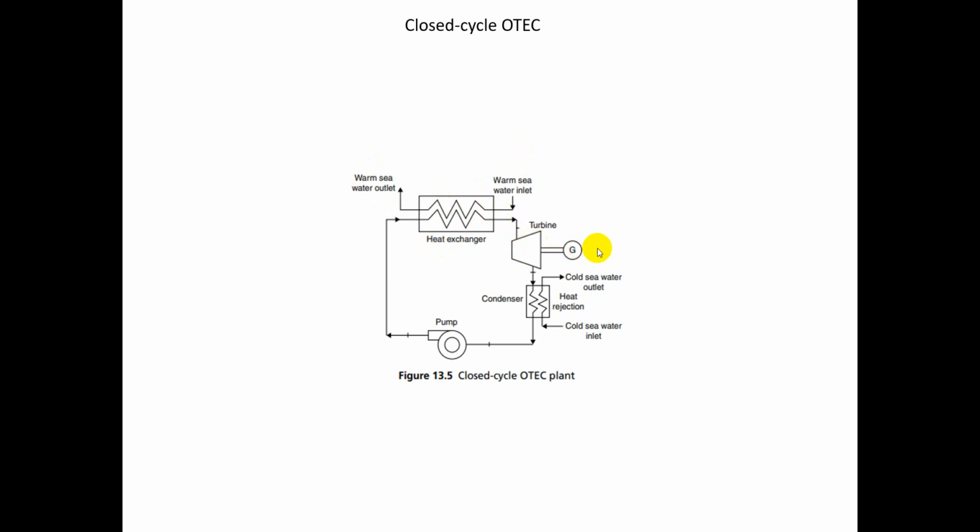From there power is generated, and the output of the turbine is passed on to a condenser. Here the heat is removed. The cold sea inlet is passed through it to cool the fluid. Then it is pumped back once again into the heat exchanger to repeat the cycle. This system we call a closed loop OTEC system.